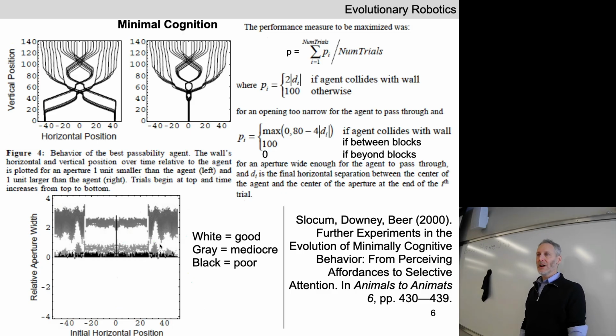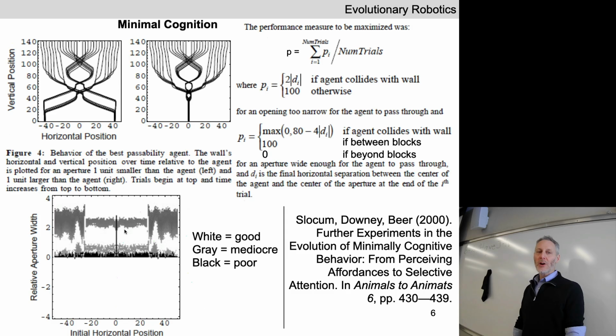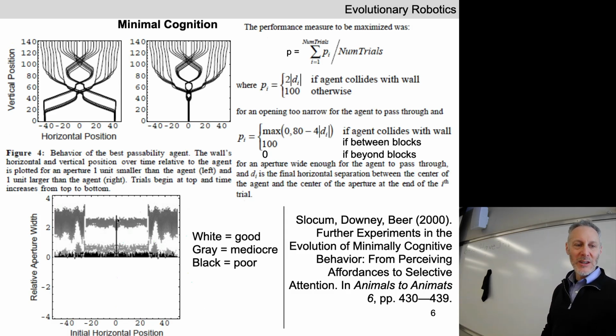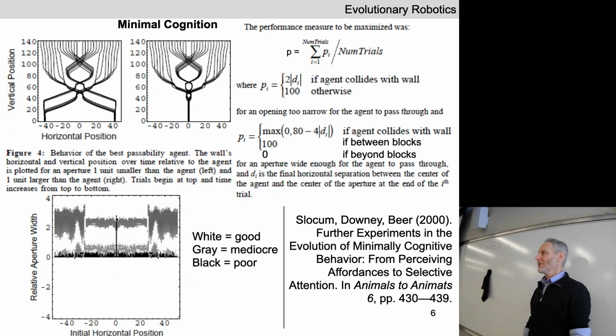What else is going on in the top half of this figure? The initial horizontal position is pretty important. Yep. Because right here, if they drop the object pair directly above the robot, and even if the gap is super wide, more than enough room to get through, the robot runs away. Bad.